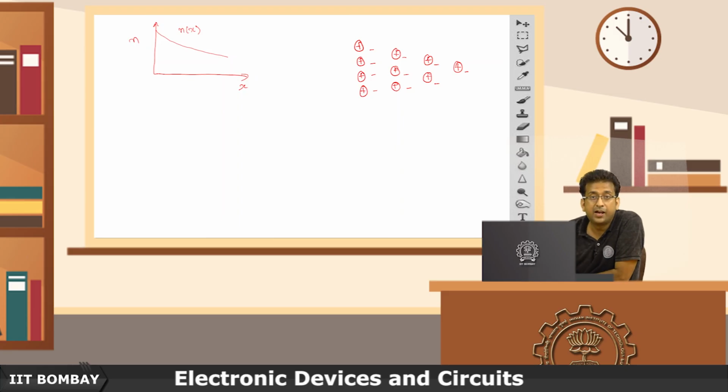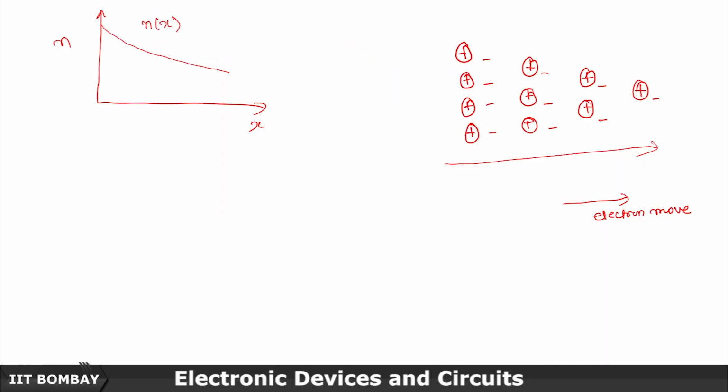Since donor ions are there, they have free electrons, and the donor ions have a positive charge because they are giving the electron. And since the concentration gradient is in this direction, it will look like that. Because of the concentration gradient, electrons would like to move in this direction. If you remember, we talked about diffusion current, right? So because of the concentration gradient, the electrons would like to move in this direction.